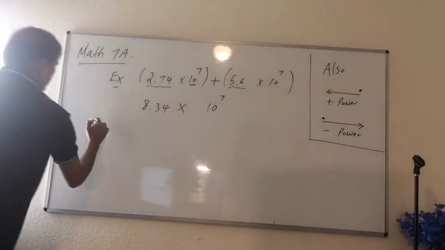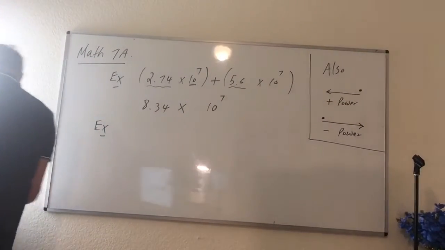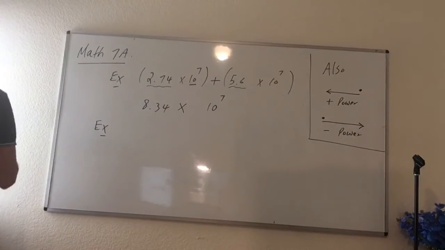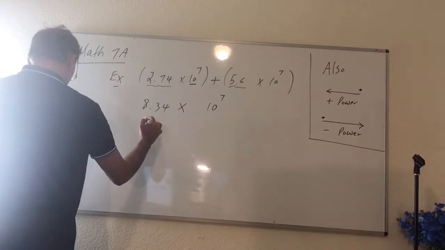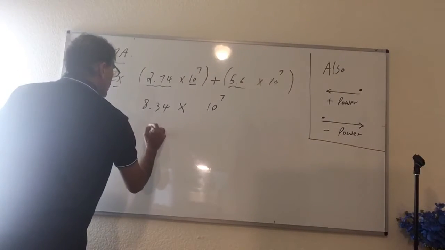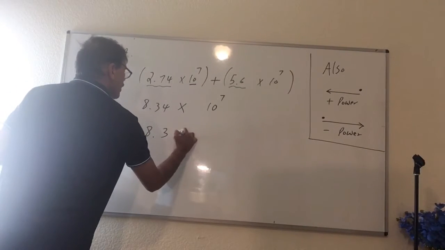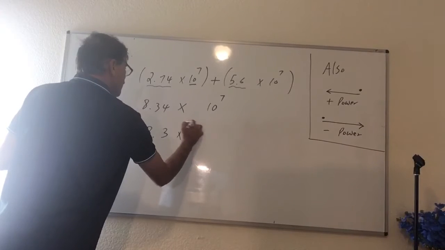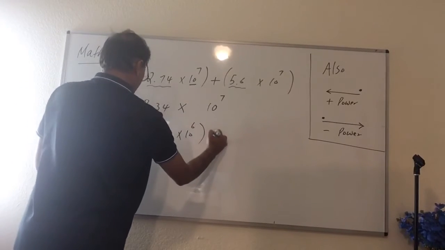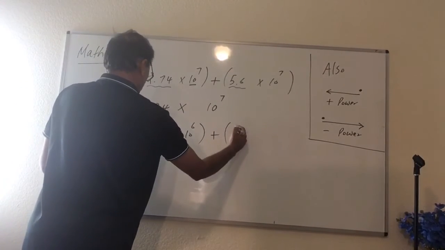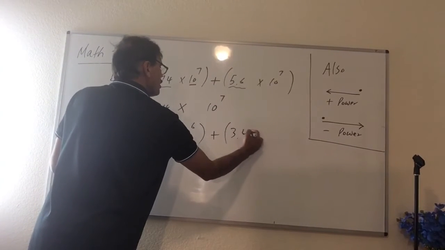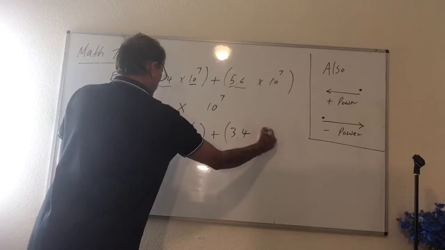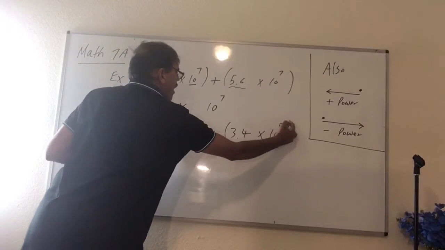So let's do one more example. Here is 8.3 times 10 to the power 6, and addition again, plus 3.4 times 10 to the power 5.